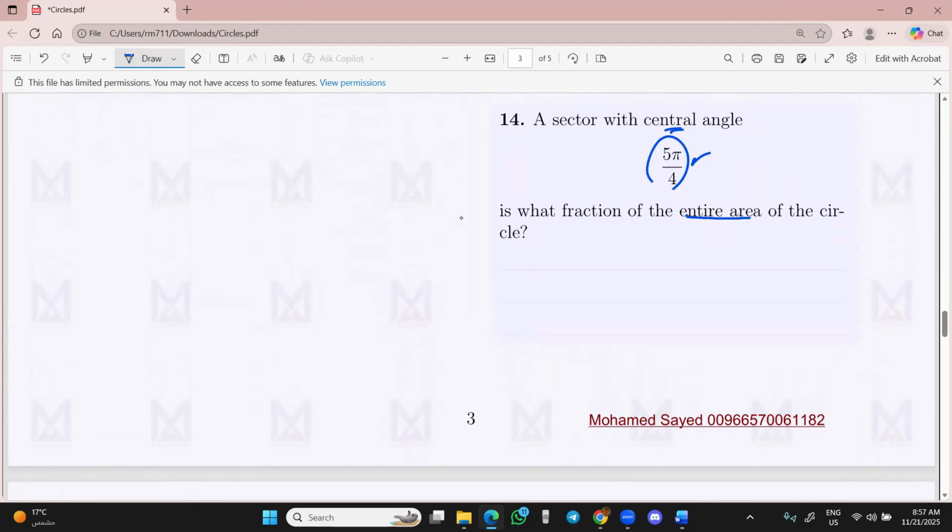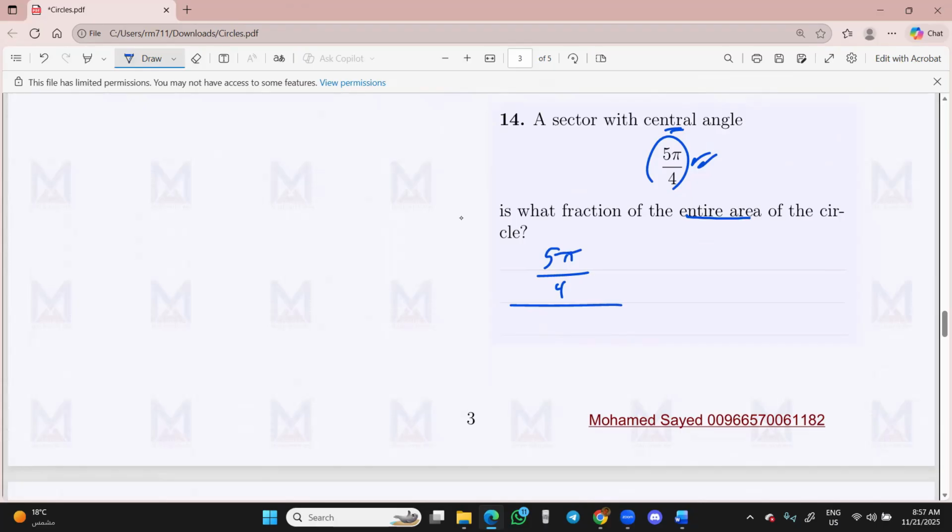Here, the sector with central angle, this is the angle, and we need to get the fraction of this number to the entire area. This fraction means that this number, 5 pi over 4, that's the angle, over the angle of the whole circle. But the angle of the whole circle, we said before, that's 360 when we consider the degrees.